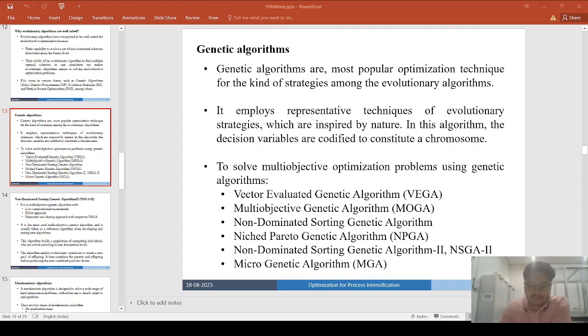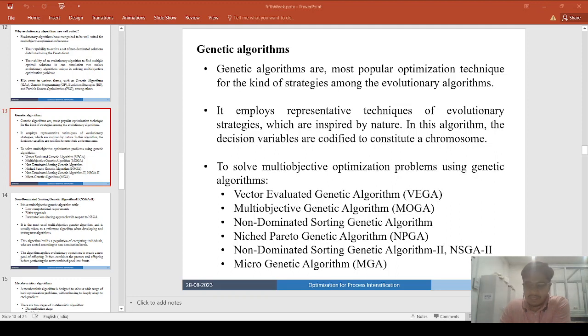Again, there is a second generation of the non-dominated sorting genetic algorithm, NSGA-II, and the micro genetic algorithm or MGA.